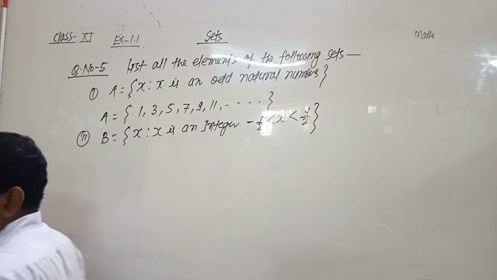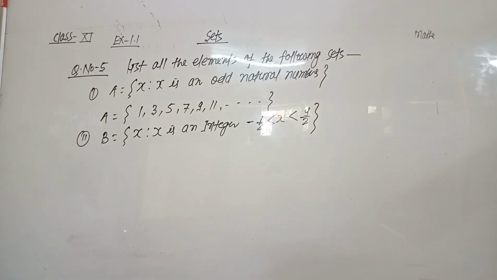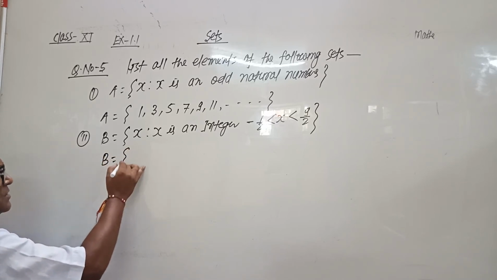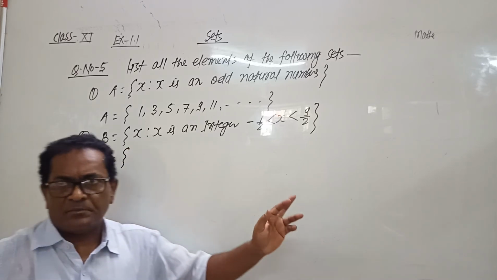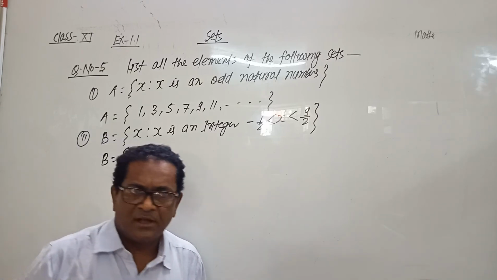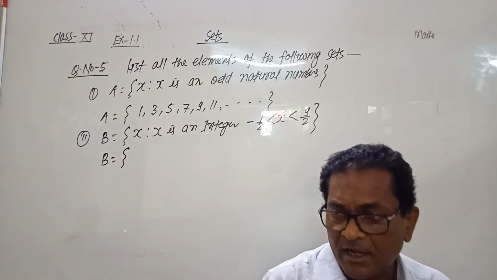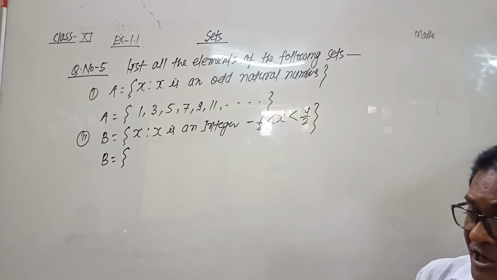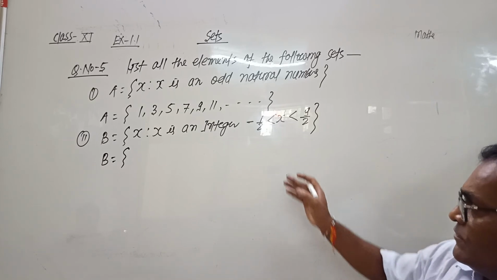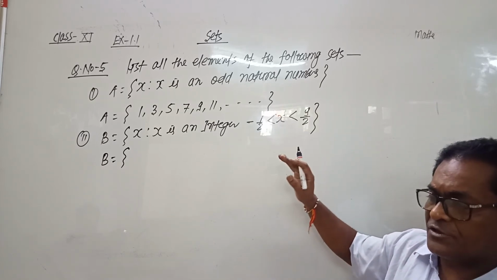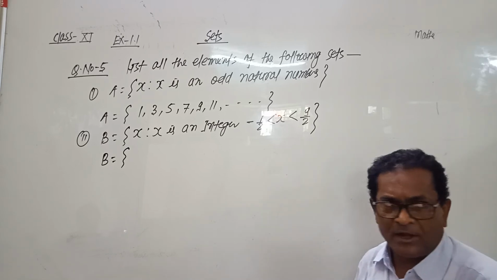The value of x lies from minus 1/2 to 9/2, and we have to write the integers. Minus 1/2 means minus 0.5 and 0.5 is not an integer. So we need the just greater value from minus 0.5.